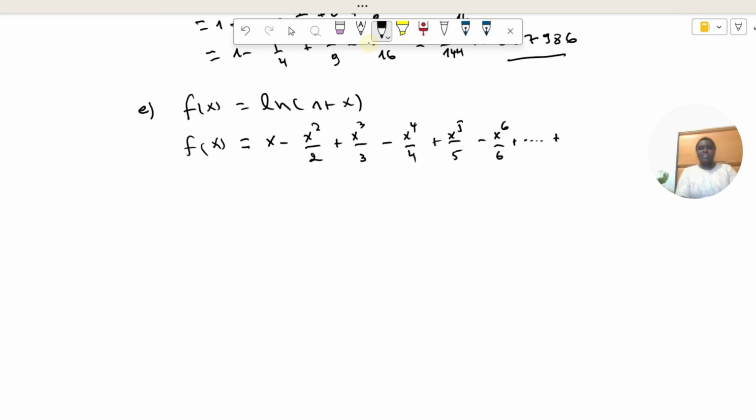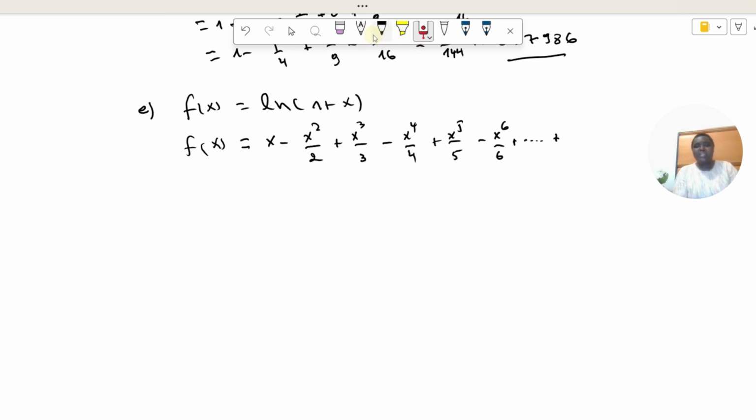If we try to generalize, you see here in front of x we have 1, which is like minus 1 power 2, and 2 is equal to 1 plus 1. In front of x squared we have minus 1, which is minus 1 power 3, which is equal to 2 plus 1, and so on.